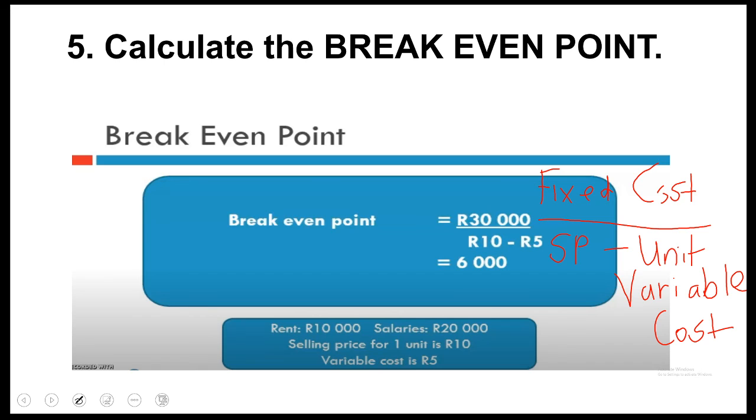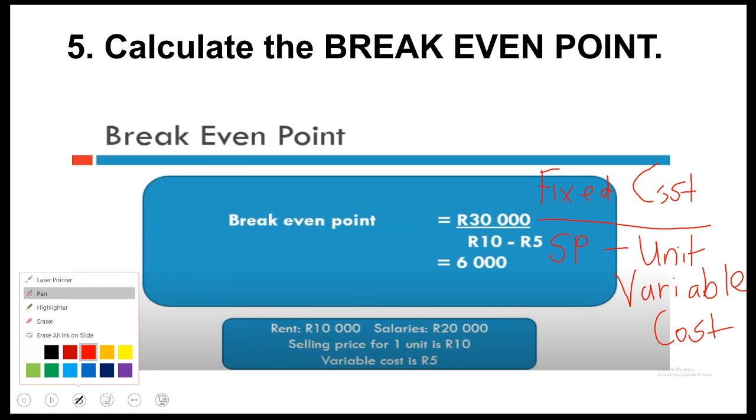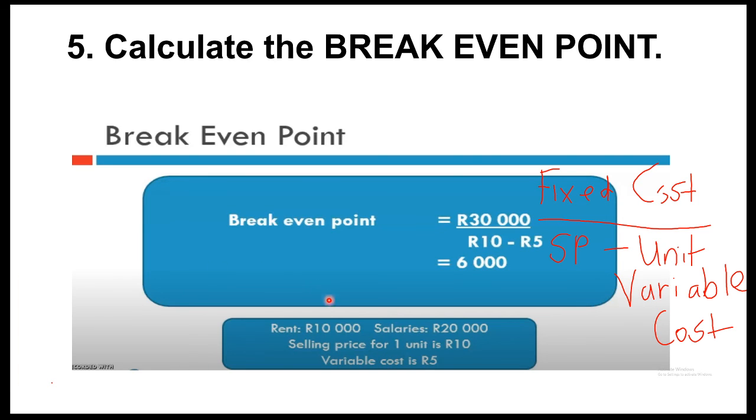Now they give you this. You need to substitute. Okay, let's see. Rent will always be the same. Therefore, it's fixed. Salaries will always be the same because salary is a fixed income. So 10,000 plus 20,000 gives us 30,000.